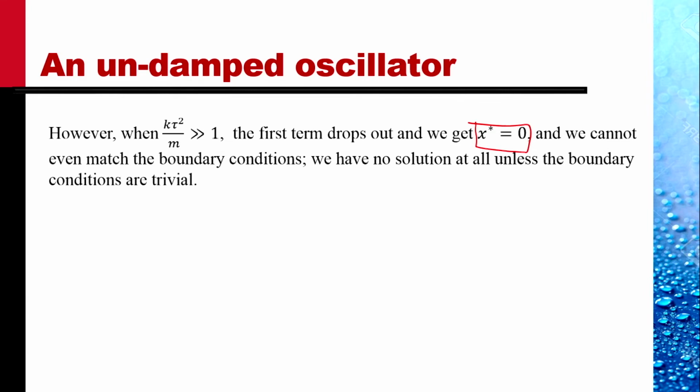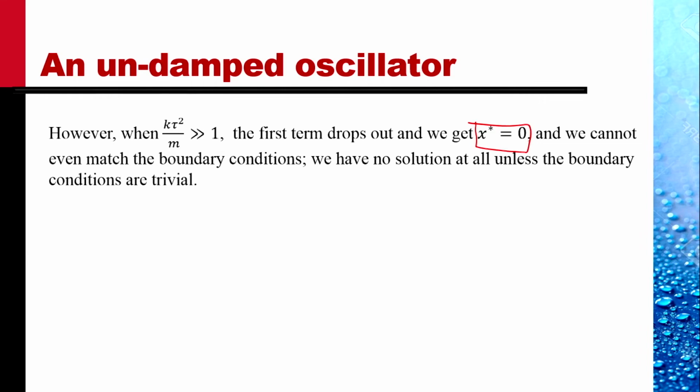It's exactly like what we did earlier. For small values of k tau square by m, we have a solution which is valid for small values of tau. But when k tau square by m is much greater than 1, we have no solution at all.